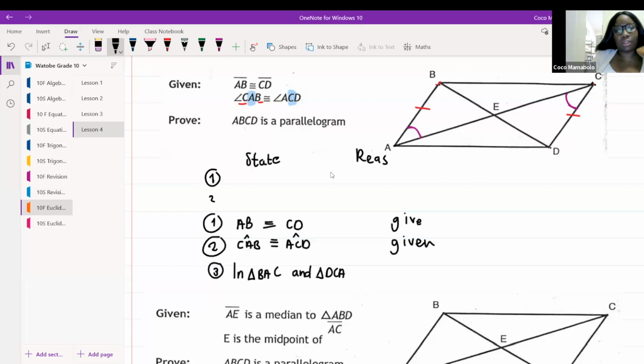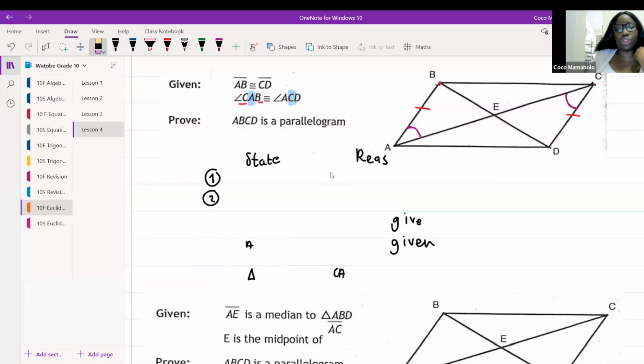Number one, number two. For those of you who are confused, I'm going to repeat one bit. For number one and number two, I'm not doing anything new. They've given me this information.